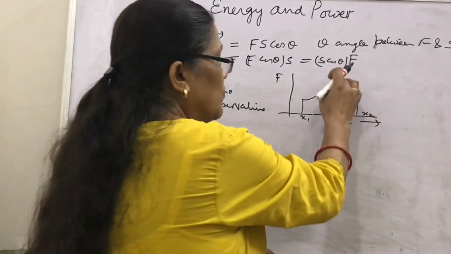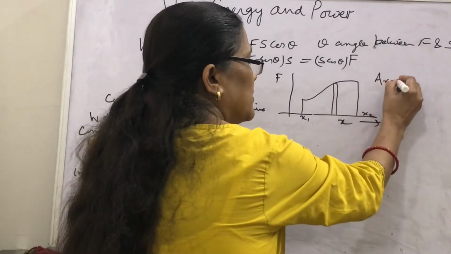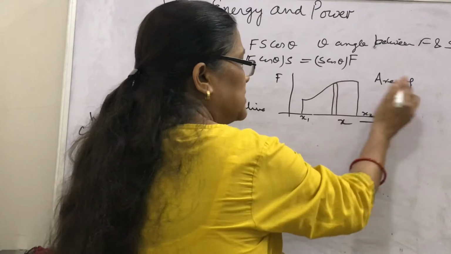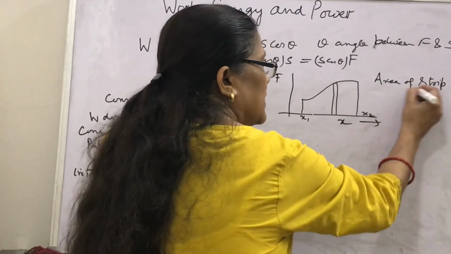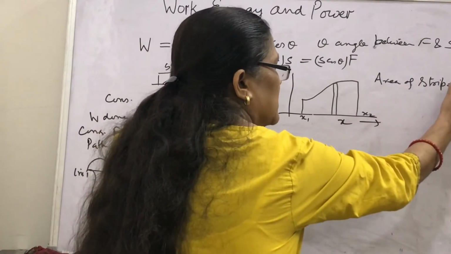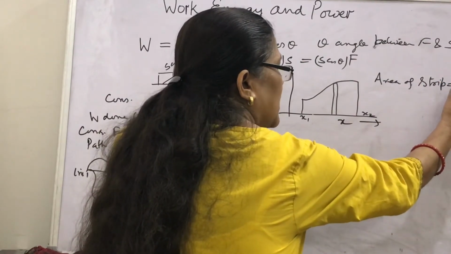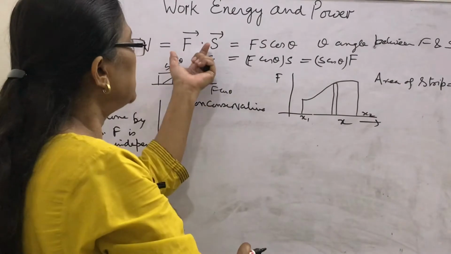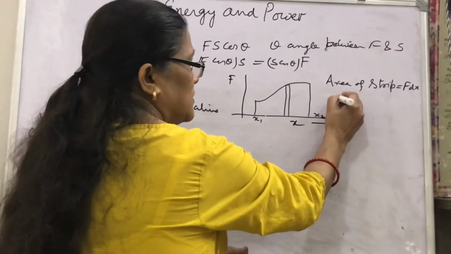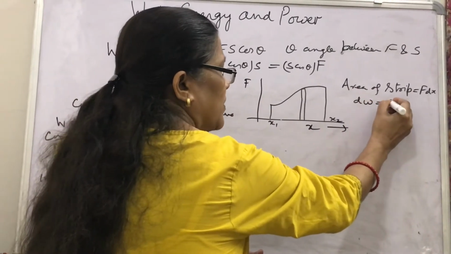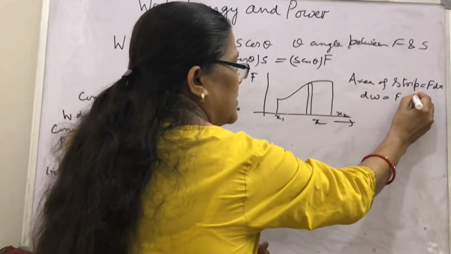Then you know what the area of a strip will be: f into dx. As you know, work is f into s, so the small work will be f into dx.